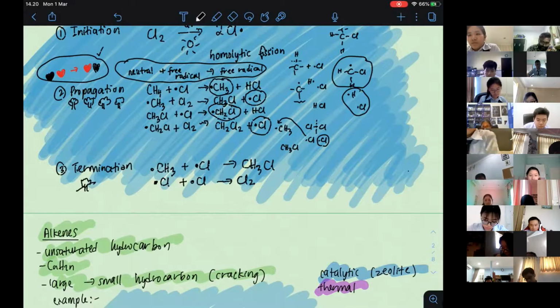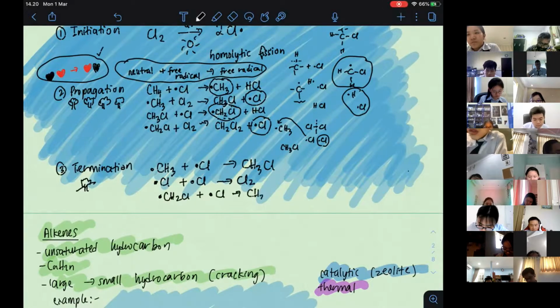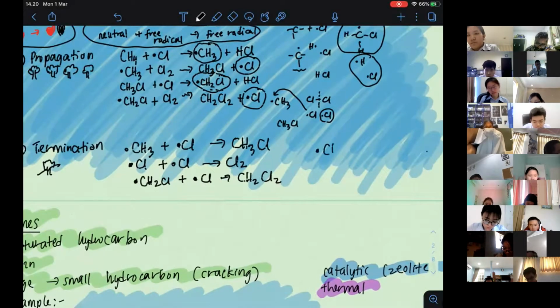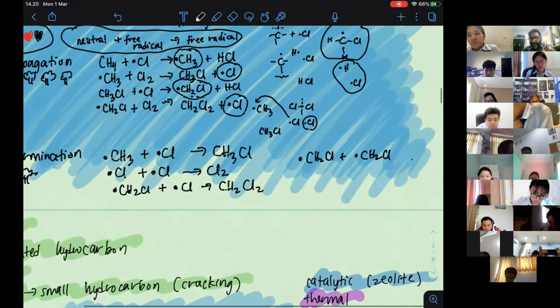You have CH2Cl plus maybe another Cl free radical. You will have CH2Cl2. This is also a termination. Can it be more extreme? How about free radical CH2Cl plus free radical CH2Cl? Can it happen? The answer is yes.